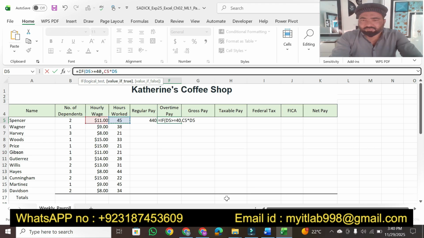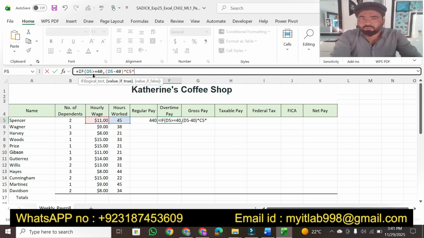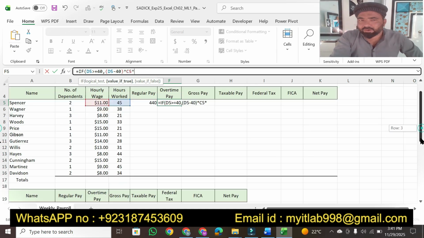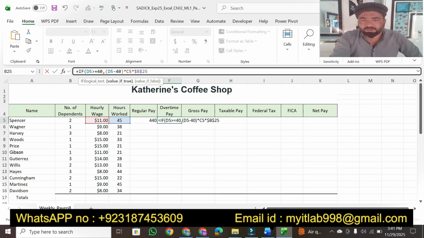Okay, so if D5 is greater than or equal to 40, then we have D5 minus 40 multiplied by C5, and then there is a rate for overtime. Here we have to give that absolute reference, so it must be absolute. Okay, so now close parentheses and we will get the answer.